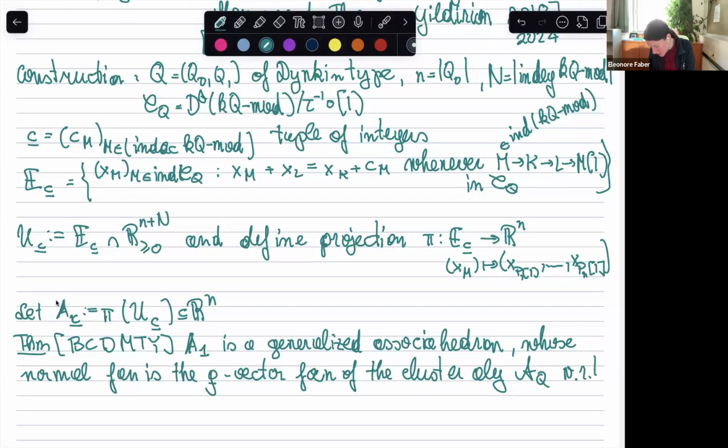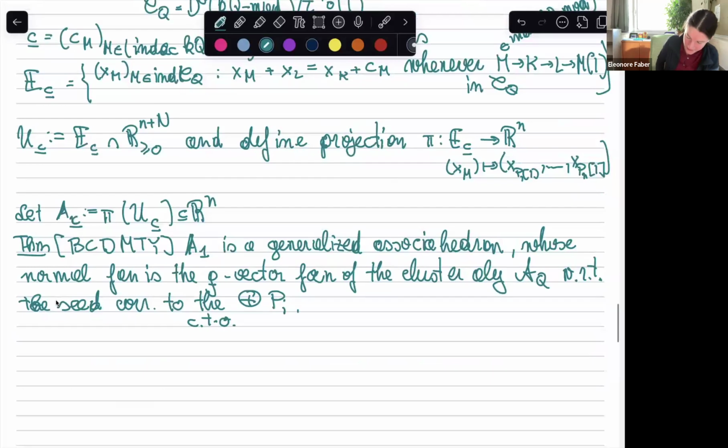With respect, so I should say the complete thing, with respect to the seed corresponding to the cluster tilting object, the sum of the projectives. So this is the correct thing. So basically, I have chosen my cluster, and then the shift of the projective is the extra modules I get, and I project on them, and this gives me the associahedron.